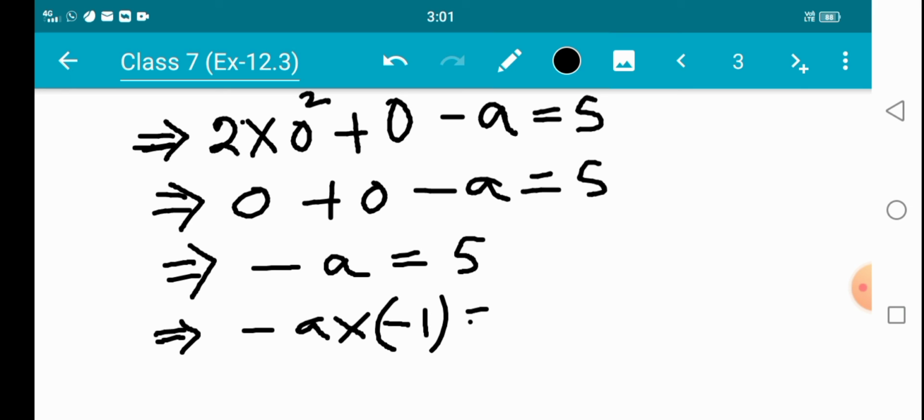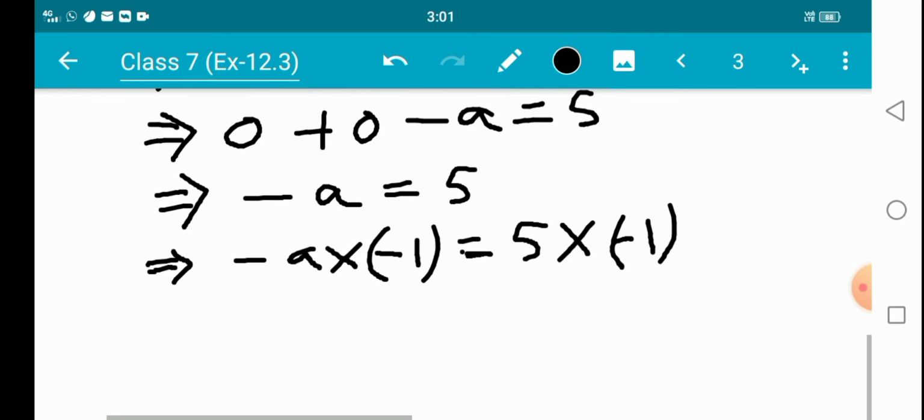Whatever I have done on the left side, I have to do on the right side also. So 5 into minus 1. Now see, the result is minus a into minus 1 means plus a equal to minus 5.